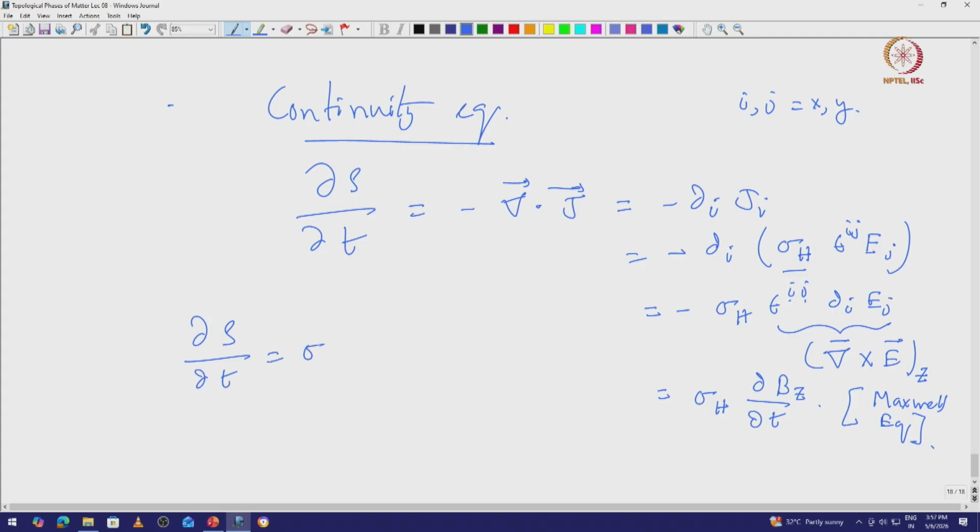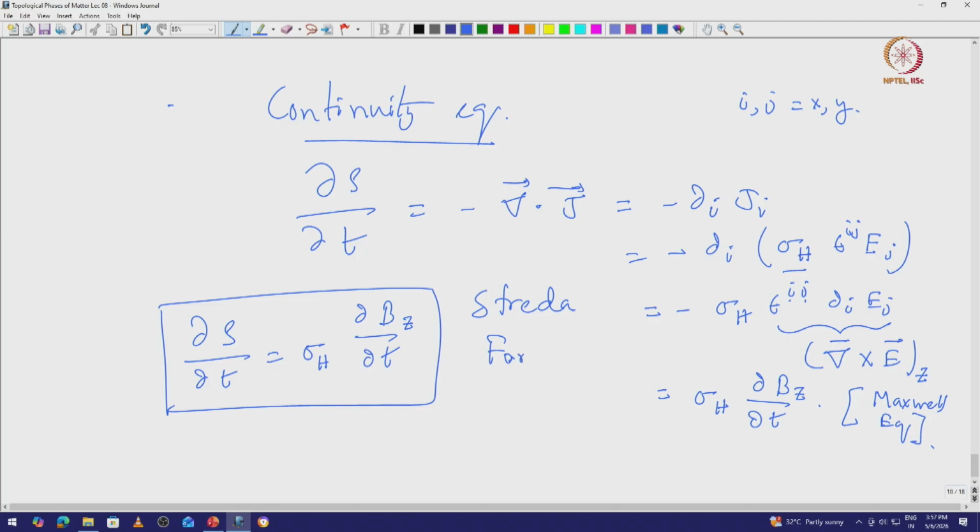a relation between current, charge density and the change of magnetic field, and this formula is called... we can even remove the time derivative and we can get a relation with the change of magnetic field.